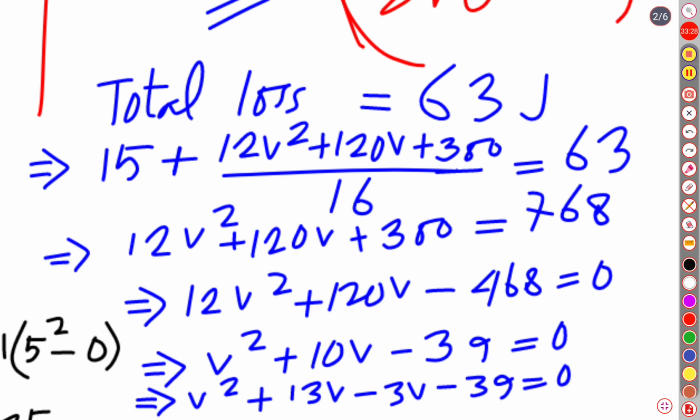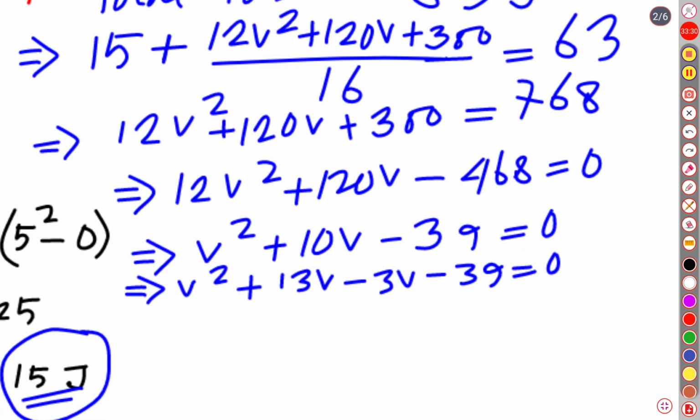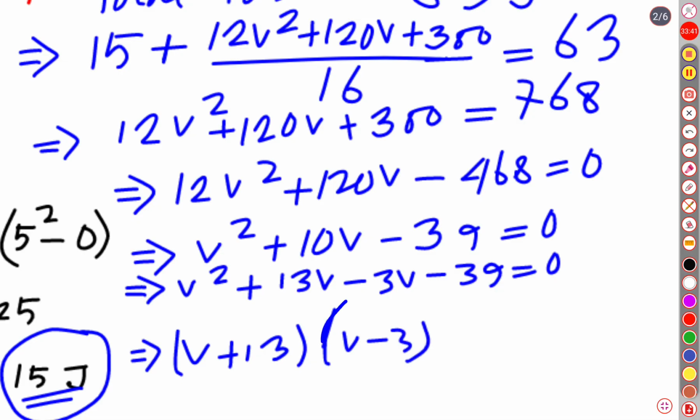Let us take something common. If we take v common from the first factor, it is v plus 13, and the second factor is going to be v minus 3 equal to 0. Hence our v is going to be 3 since v is greater than 0.